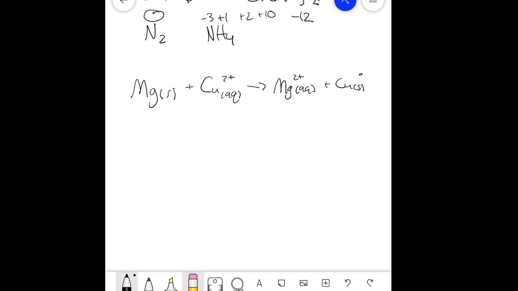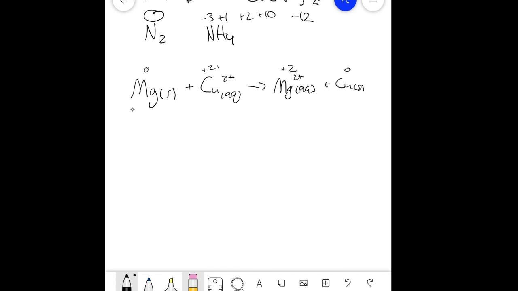Okay, let's give it oxidation numbers. So anything by itself is 0. Those are going to be the easiest ones. Copper, because it's a 2+ ion, it's going to be +2. And then this magnesium, again, is going to be +2.